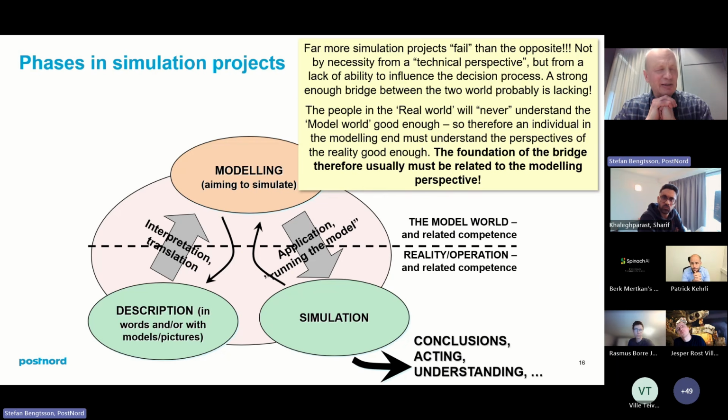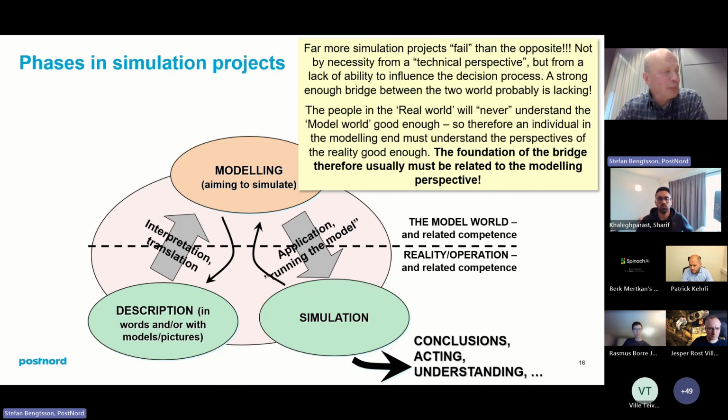If you only have a technical modeling perspective without understanding the management perspective, you might create very good models from a technical perspective, but unfortunately, they will not make much difference in the real world because they were not visualized, they were not targeting the language or the understanding in the recipient's end. On the other hand, if you only have competence from the more real world, the management end, you will never understand what you can do with modeling and simulation.